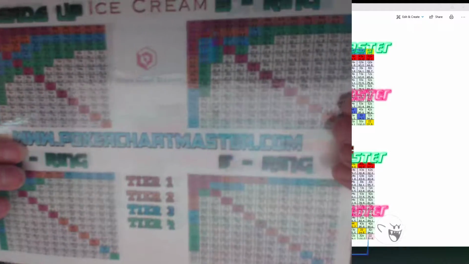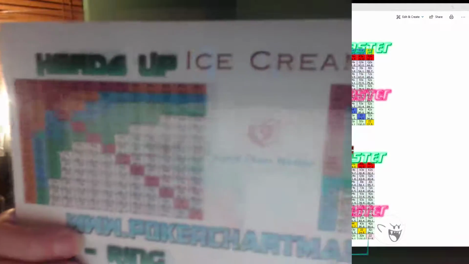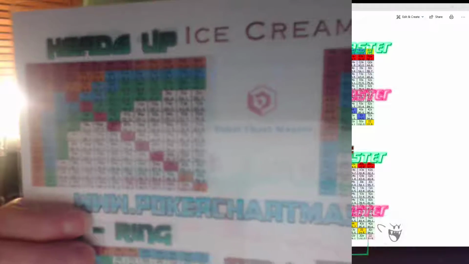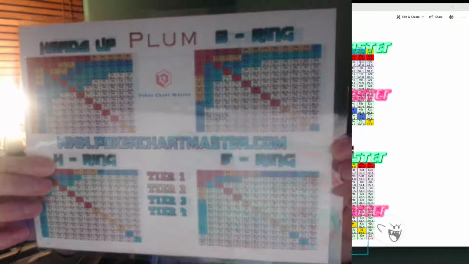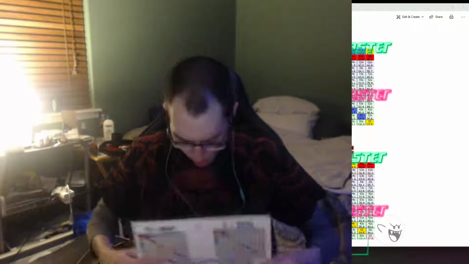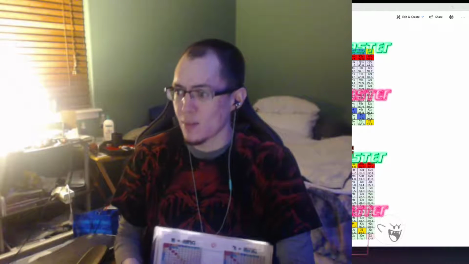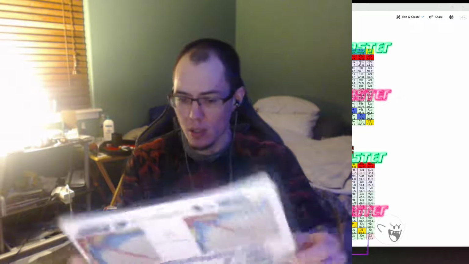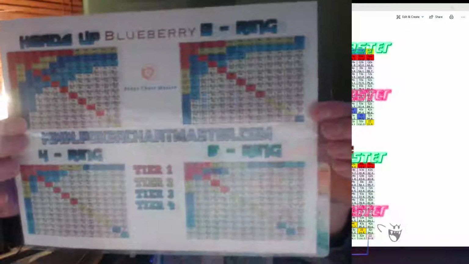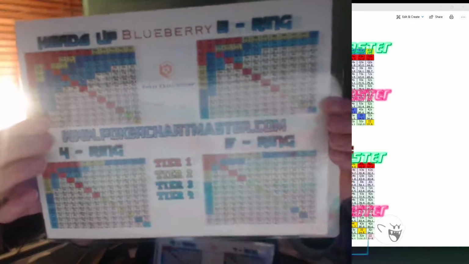I really like ice cream because it stands out and you can read it really easily. Plum. Keep in mind, all of the charts are the exact same, but they are just different colored, and they have a different name to support the theme color.